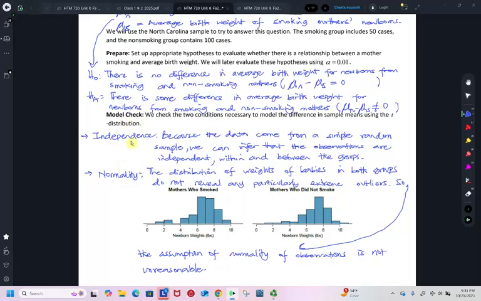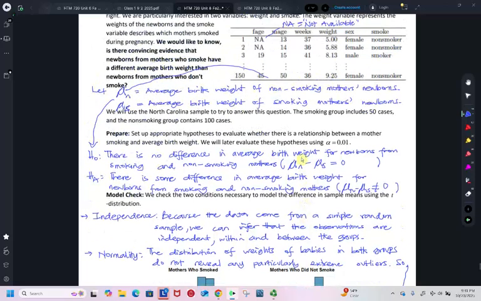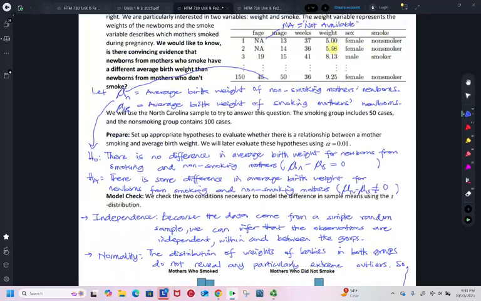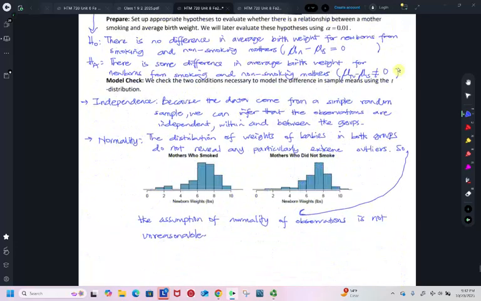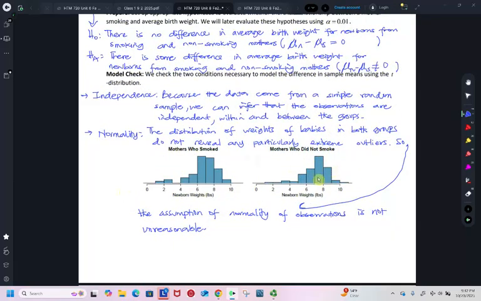For independence, as long as the data comes from a simple random sample, we can reasonably assume that the assumption of independence within and between the groups is satisfied. Then we also talk about normality. For the normality of the distribution of the weights, that would be satisfied if we plot the histogram of the weights of babies of the smoking moms and non-smoking moms and we do not observe any extreme outliers.